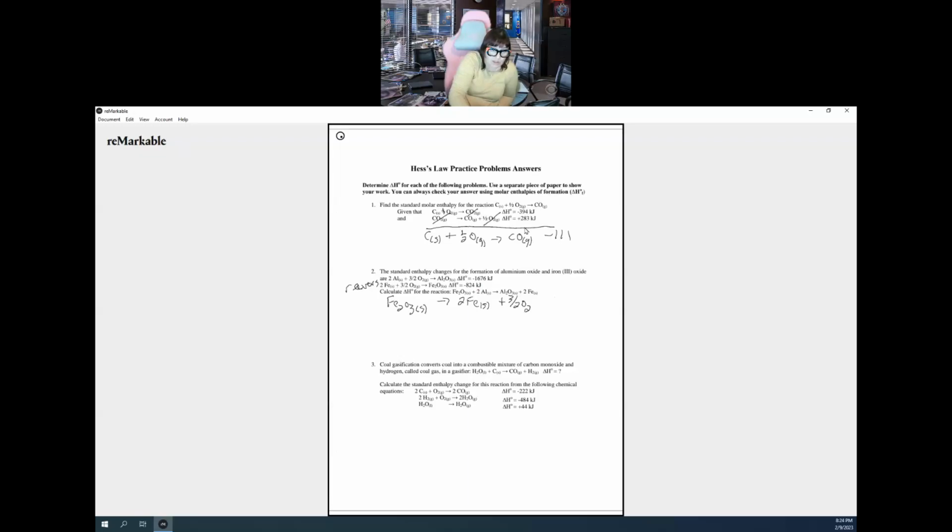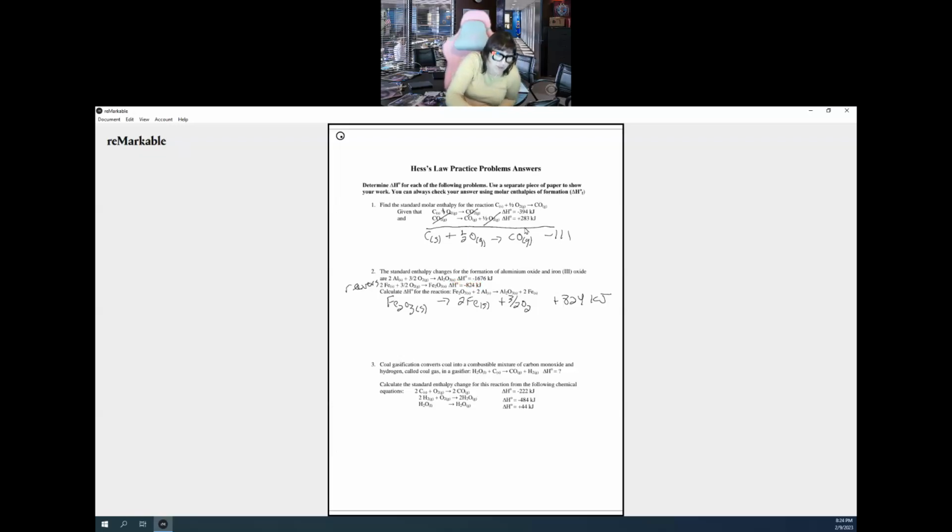And of course, since I reversed that, that's going to be positive 824 kilojoules. For my other one, I want Al2O3 as a product, and that's what I see there. So I'm just going to add these two together as they are right now.